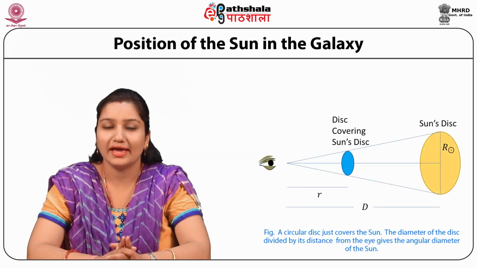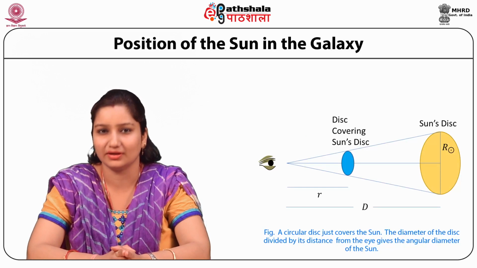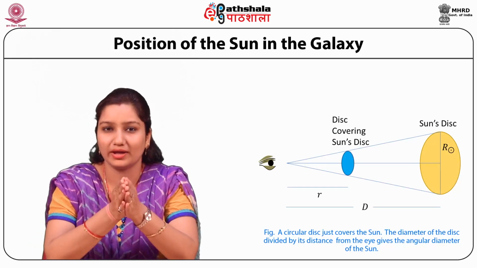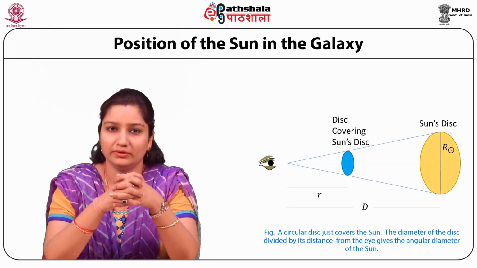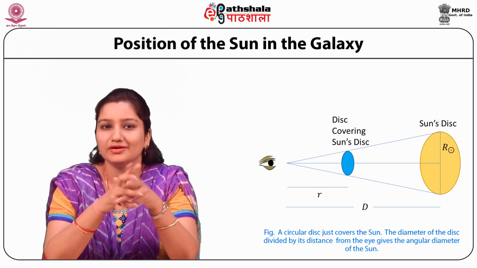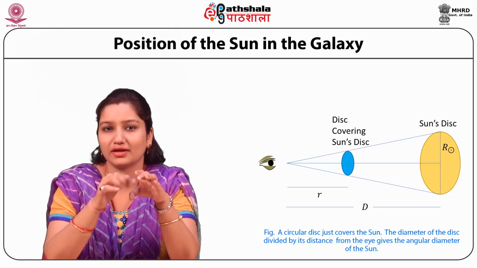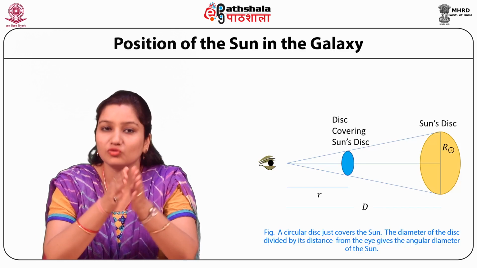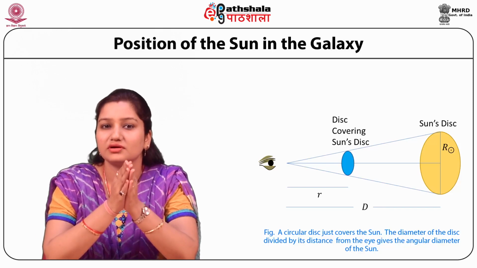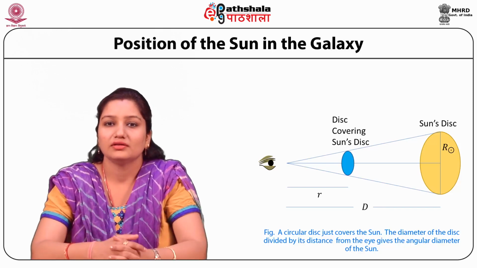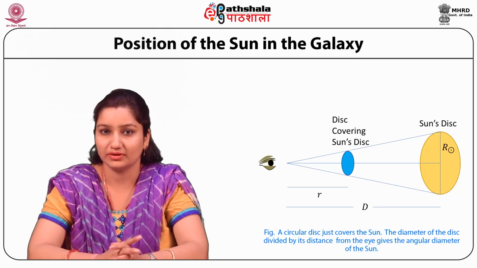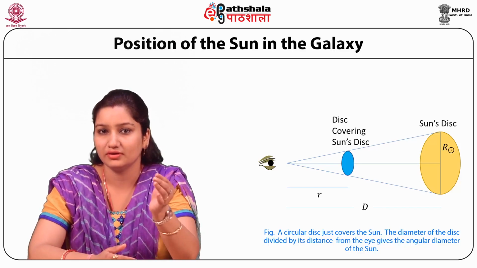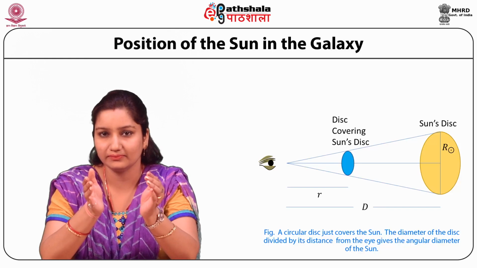The topic is angular diameter of the Sun. The simplest way to find the angular diameter of the Sun is to place a circular disc in front of it so that it just covers the Sun. The figure shown here is showing a circular disc which is just covering the Sun.